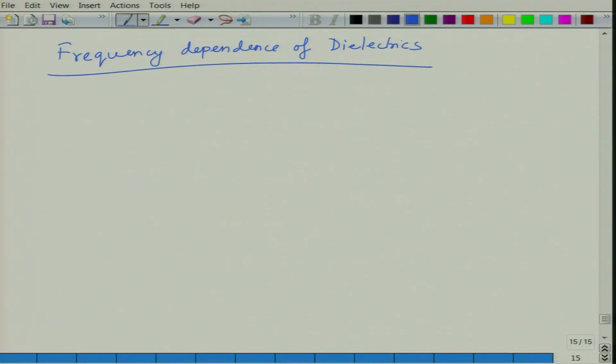Here, the first thing that we are going to look at is some fundamentals. We will first look at the comparison between ideal and real. This gives you good information about how good your dielectric is, how close you are to making a real dielectric.